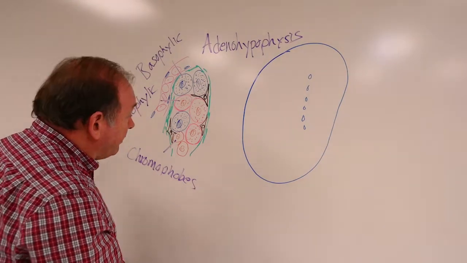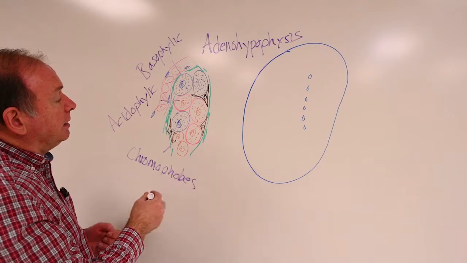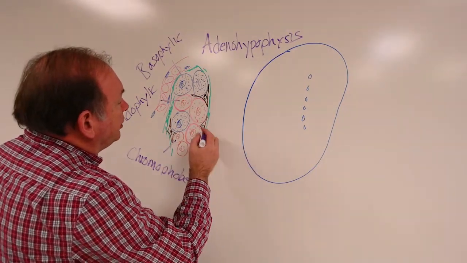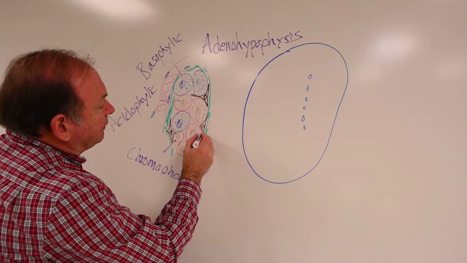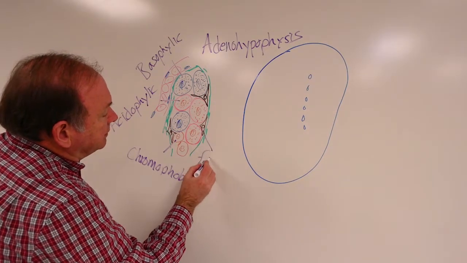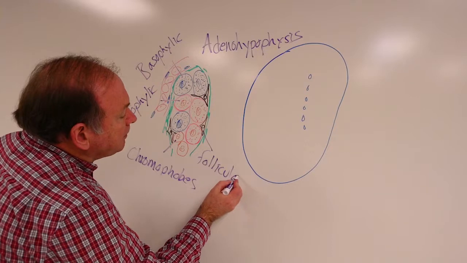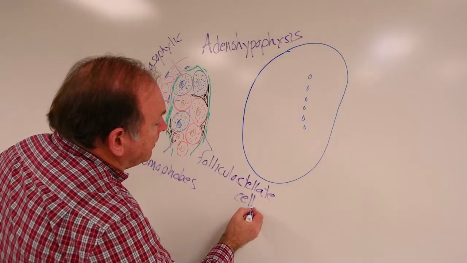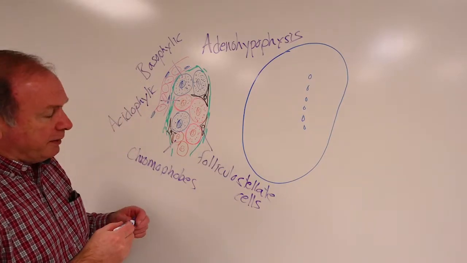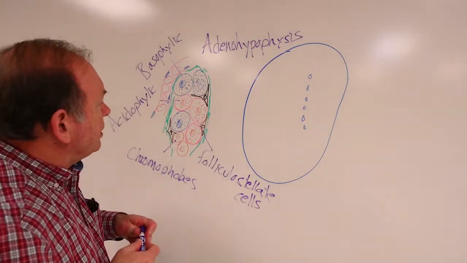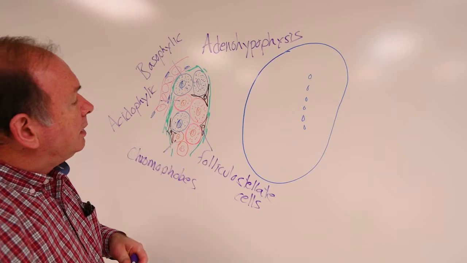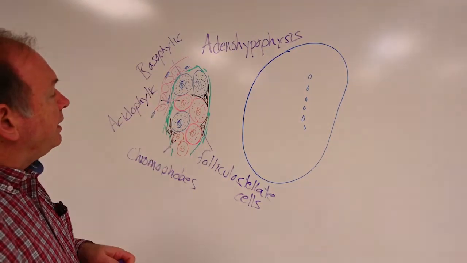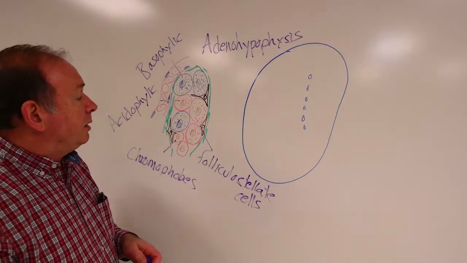And then I put in here in black some special cells that are found in the anterior pituitary right here, called folliculostellate cells. And their functionality is not completely known. What exactly they do, we're not sure. But anyway, they're interspersed in through there, along with these other cell types.